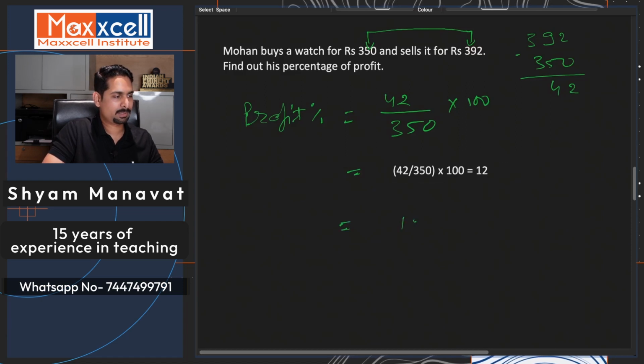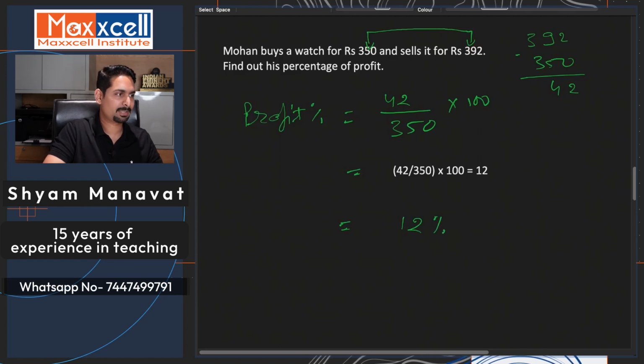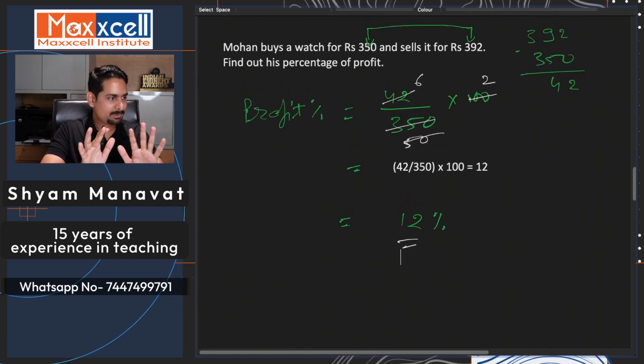So the percentage profit is 12%. Yeah, you can cancel by 7, right? 6 5s are 30, 6 2s are 12. Okay. So I hope you're comfortable with profit percentage.